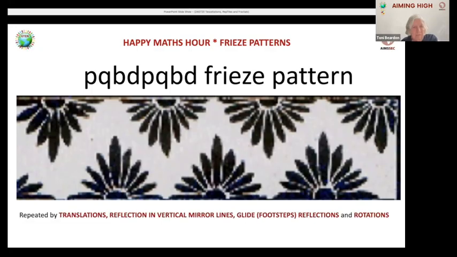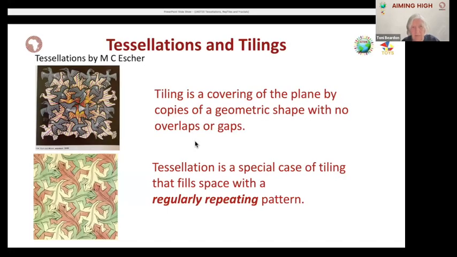It's got whatever you thought it was. There's translations, there's reflection in vertical mirror lines, there's footsteps reflections, like glide reflections, and there's rotations there. For example, if you take this as your center of rotation, you can rotate by 180 degrees. So you've got everything there.